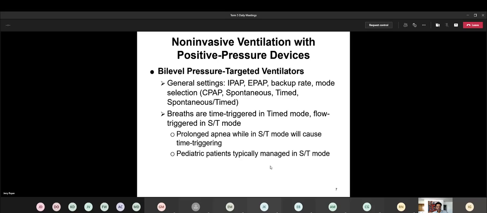ST would be you're breathing, and this is all spontaneous. And then as soon as you stop breathing, it just goes into a time mode and gives a breath every however many seconds based on your backup rate that you set. So it'll never alarm if that's what I'm interpreting the question to be. It'll automatically switch over.